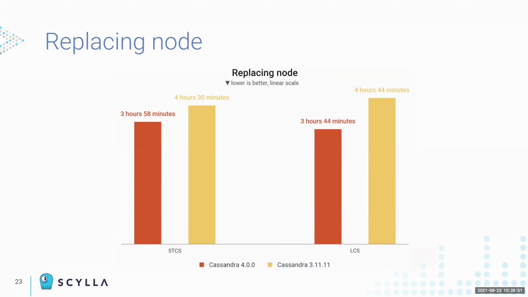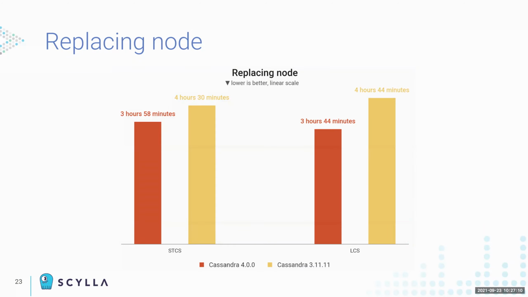Another operation that is crucial is replacing a node. For example, if one node in your cluster dies or there's some hardware issue, you might want to deprovision this node and launch another node, and this node would replace the old node.